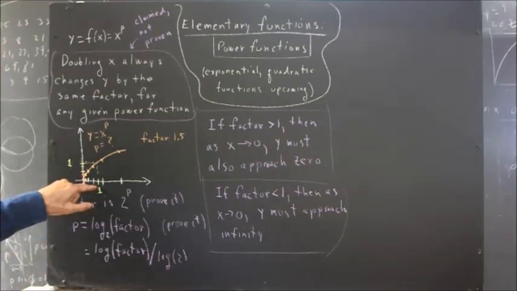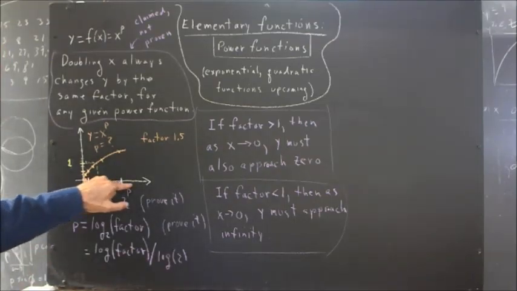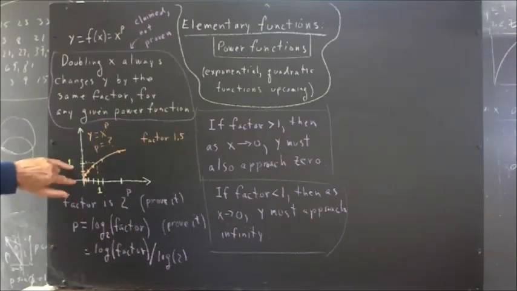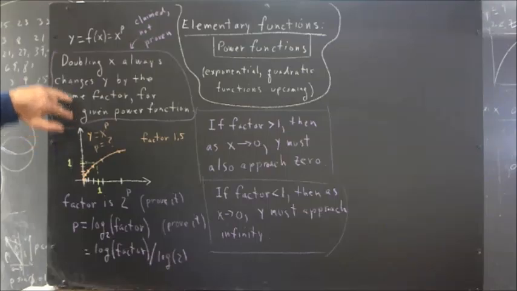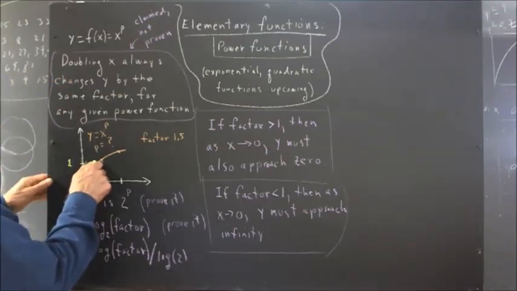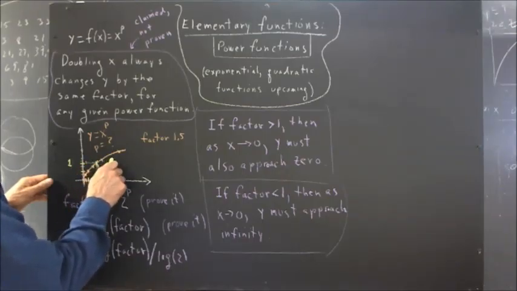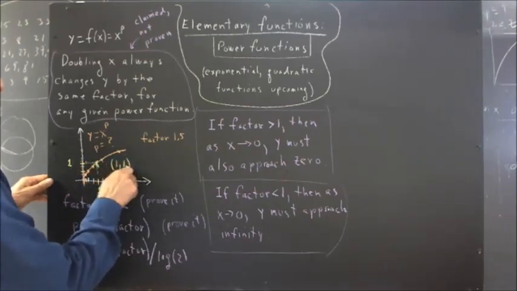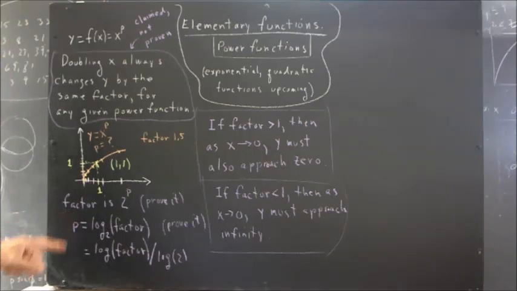Now, if we just keep moving in increments of this distance, we're going to get x equals 2, 3, 4, and so forth. We're going to get y equals 2, 3, 4, and so forth. So, by declaring this point here to be the point 1, 1, we now have a graph of y equals x to the p.